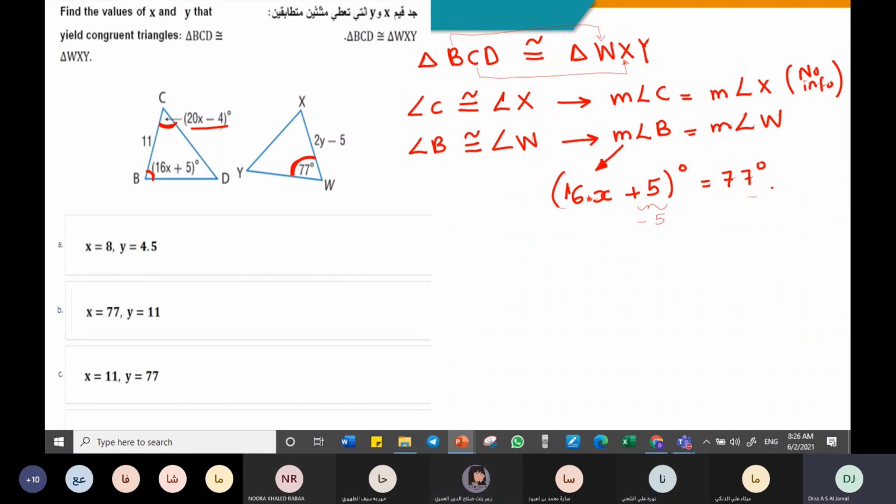So 16x is equal to 72. Then what will I be doing? Divided by 16, divided by 16. So x is equal to 4.5. So I'm done now with x. I got it.